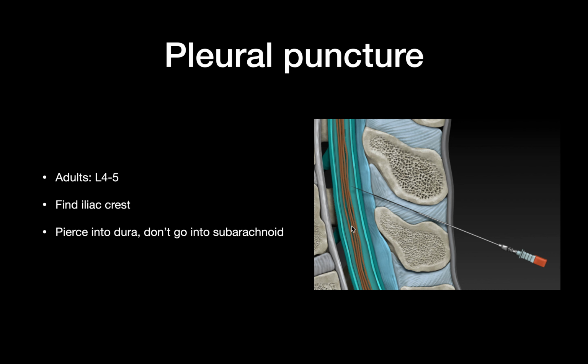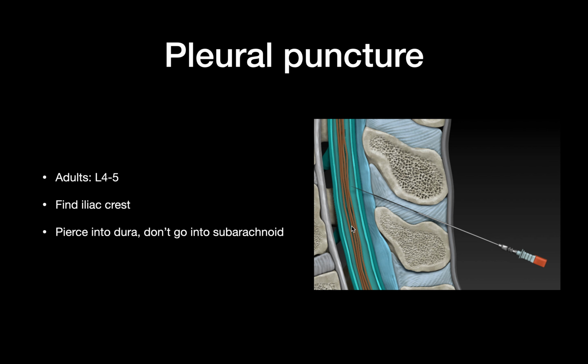There are rare occasions where we do perform a spinal tap sitting up, usually in a morbidly obese patient, if lying down is not feasible for them. But we will palpate the iliac crest and draw an imaginary line across, and then insert the needle.